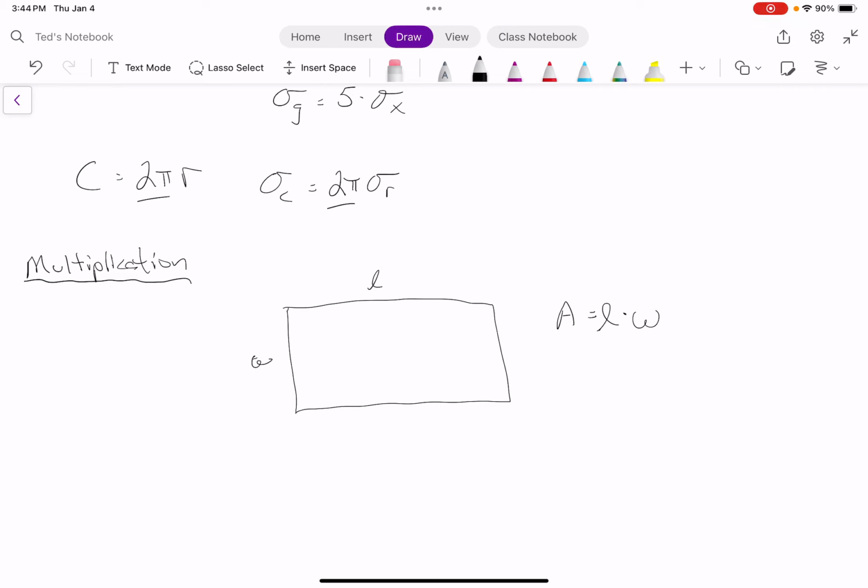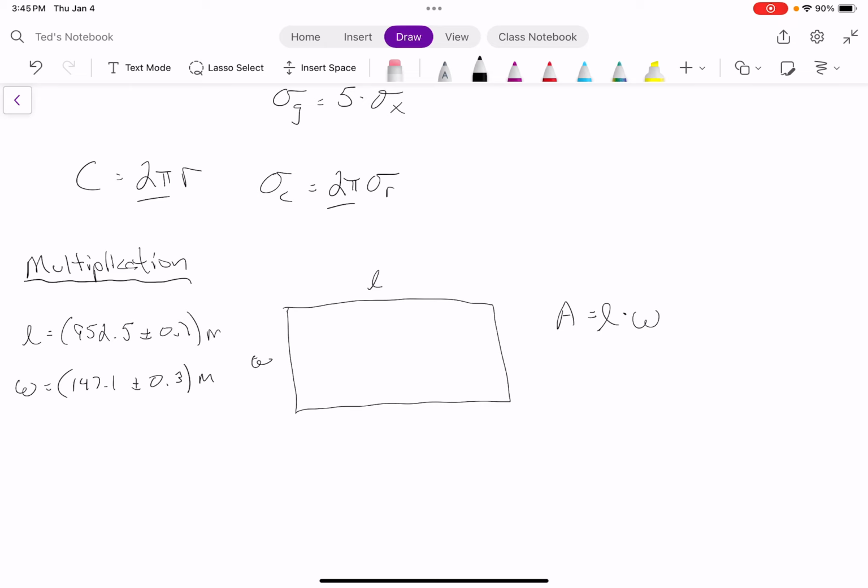Okay, so let's give some numbers. Let's say that the length is equal to 952.5 plus or minus 0.7 meters, and the width is equal to 147.1 plus or minus 0.3 meters. And we want to calculate the area.